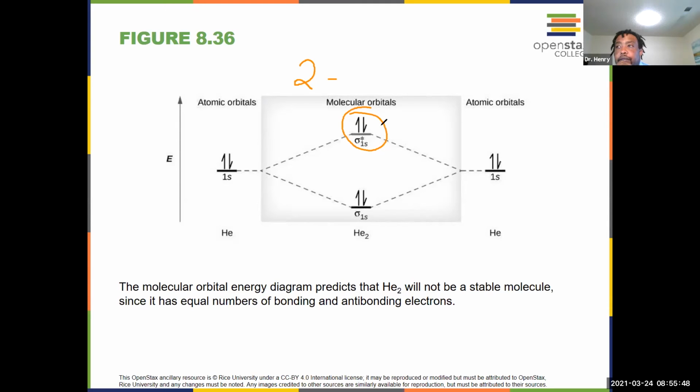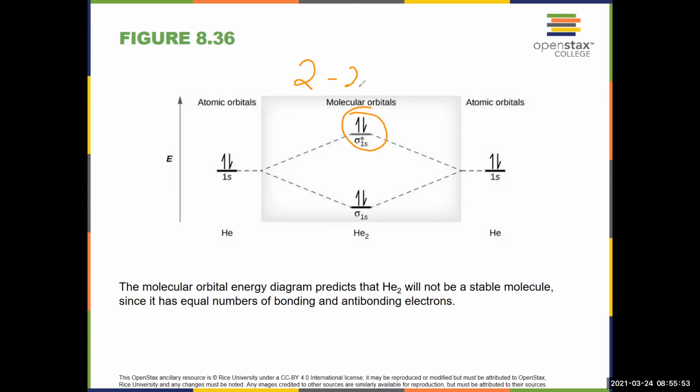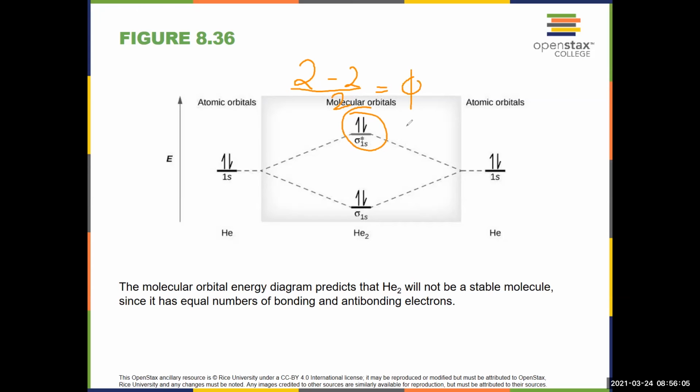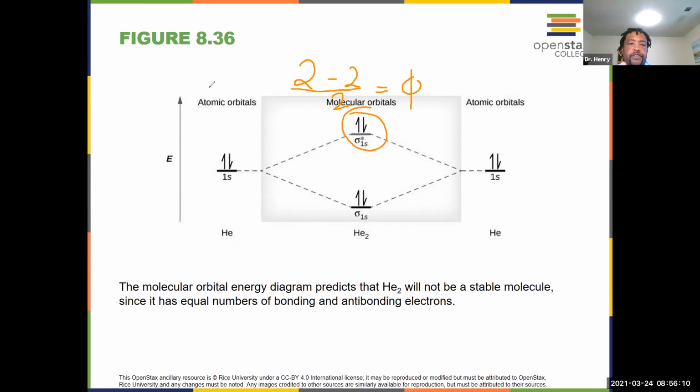So how many do you have here? 2. You just count the number of electrons that are there. So it's 2 minus 2 over 2. What does that equal? 0. So the bond order of this is 0, which means that this would not be stable. It would not form a stable molecule.